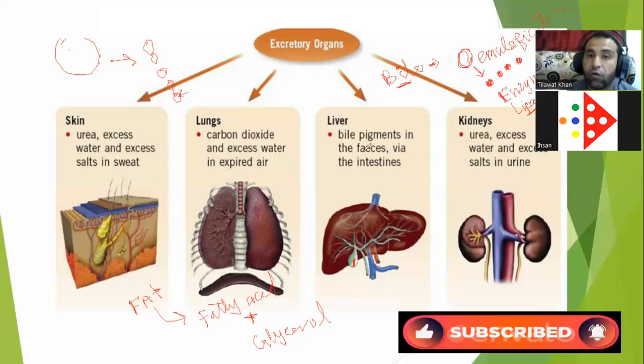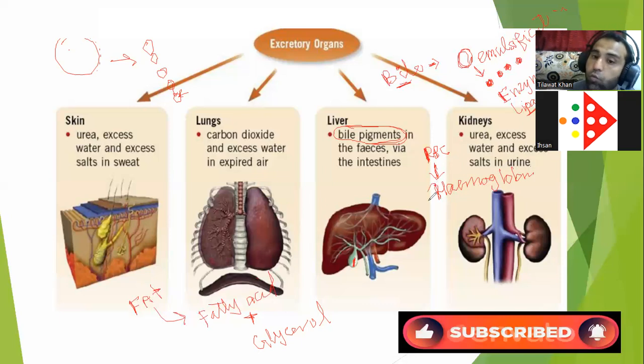All right. Now, what is bile pigment? Bile pigment forms as a result of the breakdown of your red blood cells, which contain hemoglobin, right? What's the function of hemoglobin? It combines with oxygen, so it carries oxygen, right?